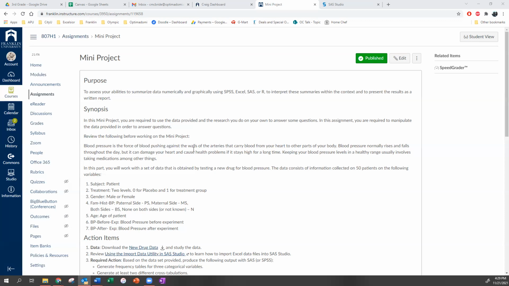Anybody else? Christina? Yeah, I do have a question. When you're reporting frequencies, I was curious about a preference that you would have on the graph. This is actually in the mini project. When you run a frequency table for a categorical variable, you will have some counts where there's no category recorded. That happens actually in the assignment. Do you want us to graph that value? Well, it depends.